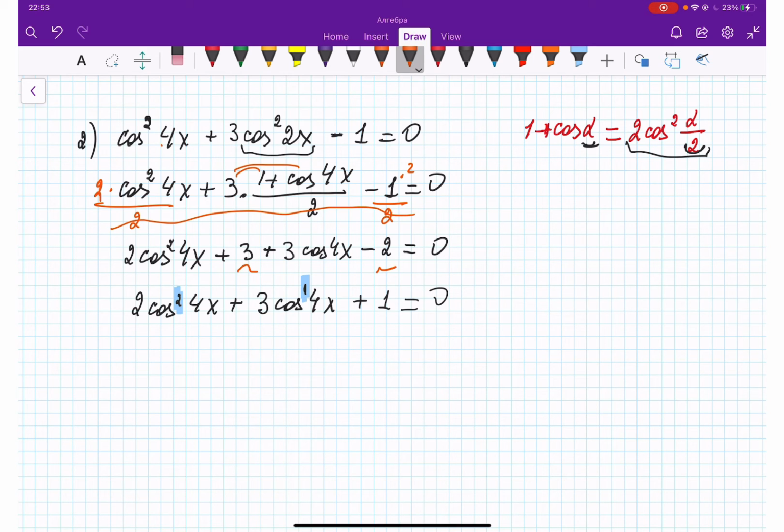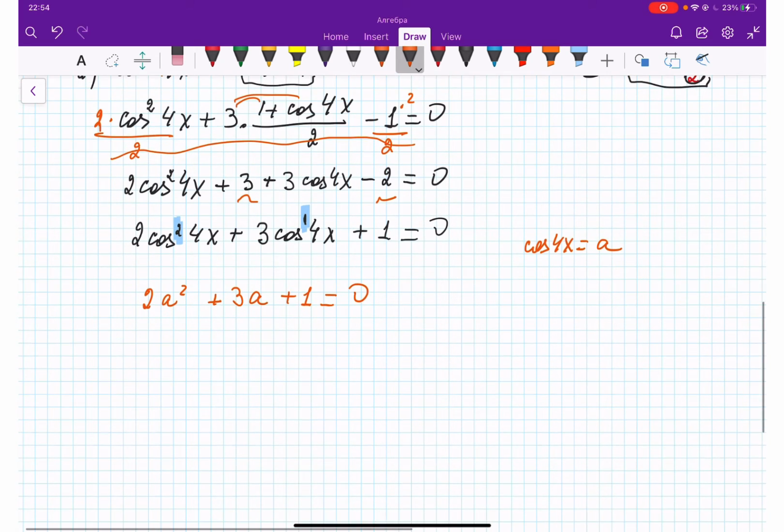Substitute cosine 4x with a, for example. Okay, and we are going to get 2a squared plus 3a plus 1 is equal to 0.